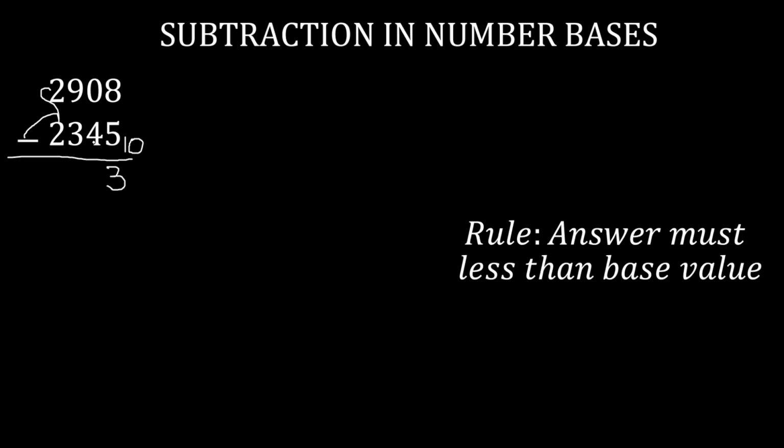0 minus 4, impossible. Because every digit in the bigger number must be greater than every digit in the lesser number. The sign here is positive, because if we don't show the sign of the previous number, that is also to be plus.